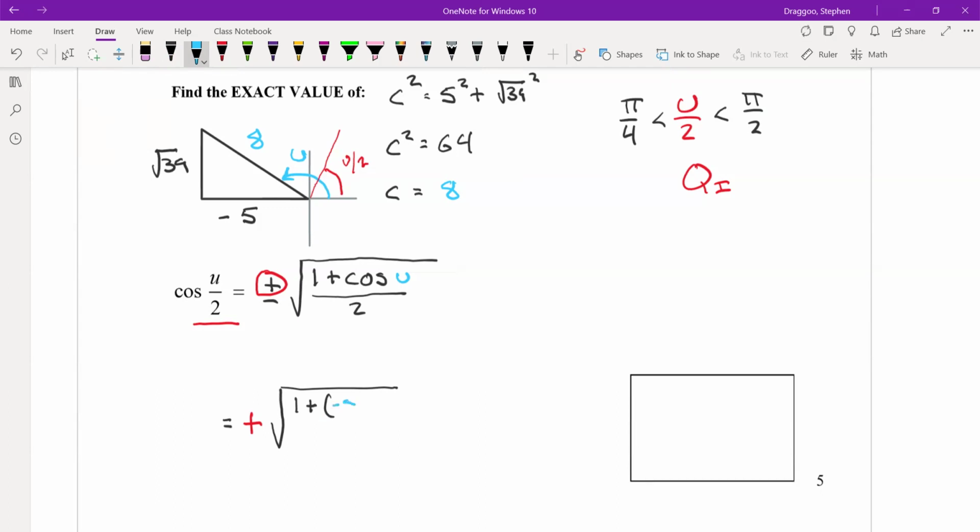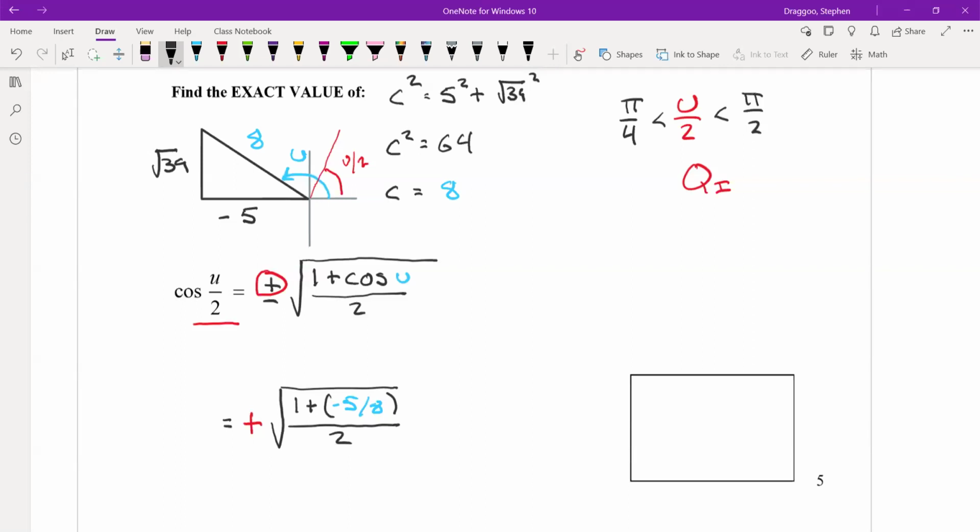Cosine of u is negative 5 over 8. So notice the cosine on the inside of the square root, because I'm going with the blue angle, that one's negative. But on the outside, where I've got the red angle, cosine is positive because the red angle is in the first quadrant, but the blue angle is in the second quadrant. So just be careful with that.